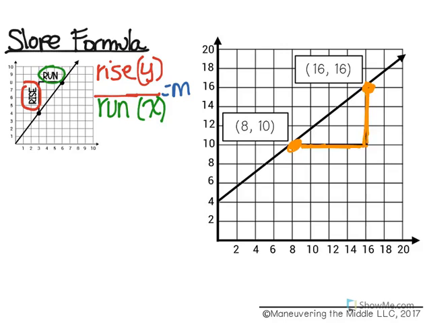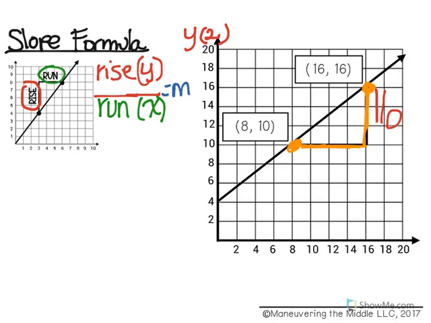Now I'm going to calculate my rise. To do that, I need to make sure I know how the y's are counting by. I'm looking at my y-axis and I notice 2, 4, 6, 8. They're counting by 2's. So when I count my rise, I'm going to count by 2's: 2, 4, 6. It is equal to 6.